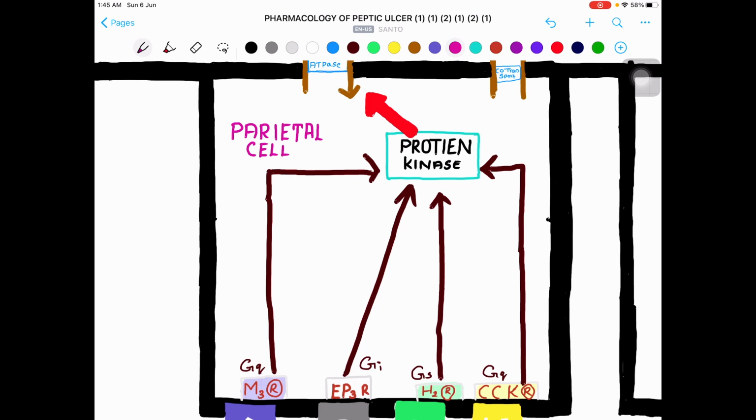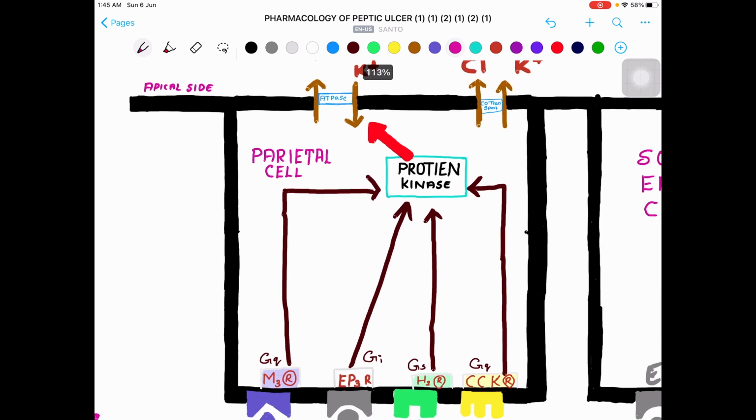The M3 receptors and the CCK receptors are Gq coupled receptors. So, the hydrogen potassium pump will be activated by the calcium dependent pathway.